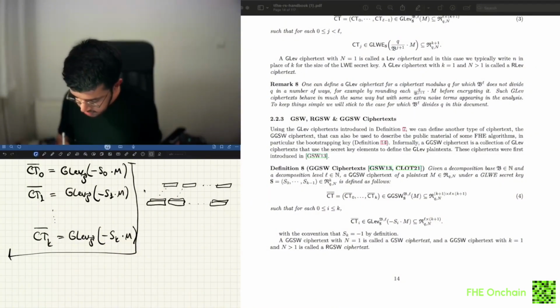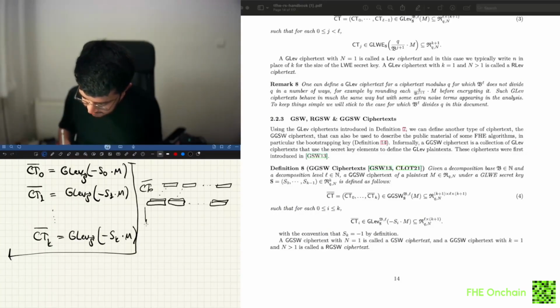So this is, let's say, only the CT0 bar. So we're going to have CT1 bar. Let me just remove this.